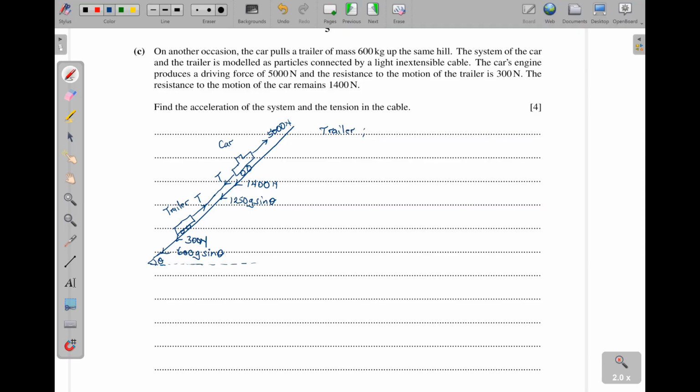When you look at the trailer, we are going to use F equals ma. The forces acting on the trailer are T, minus the 300, minus 600, times 10 for g, and then sine theta, which is given as 0.12, equal to the mass 600 times the acceleration.